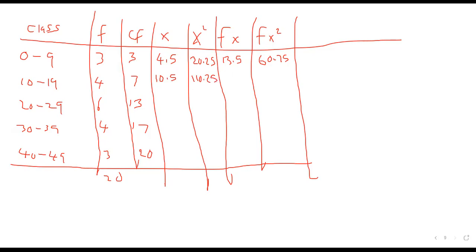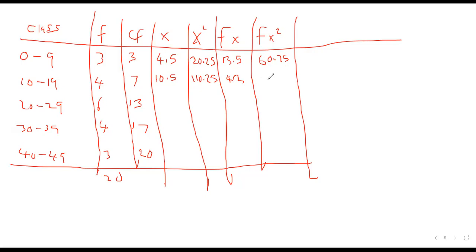Okay. How do we get the other two columns here? From fx, we get the frequency, which is 4, times the midpoint, 14.5, which is 58.